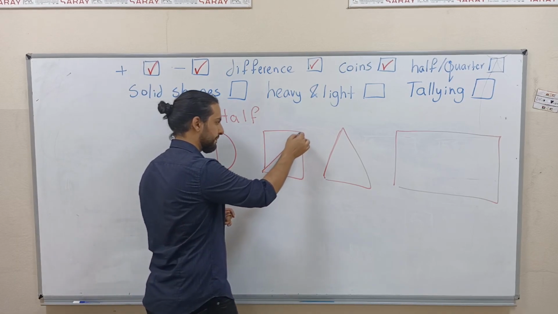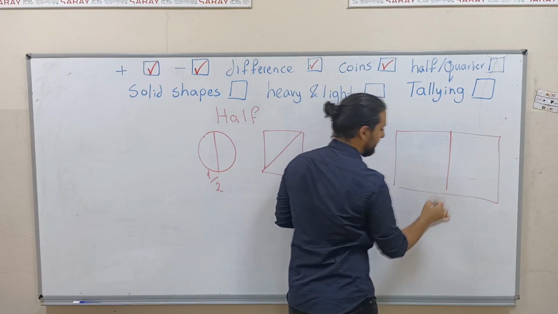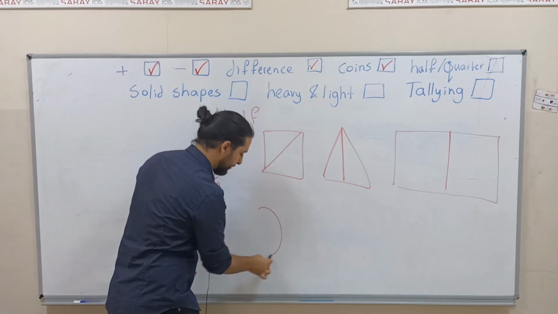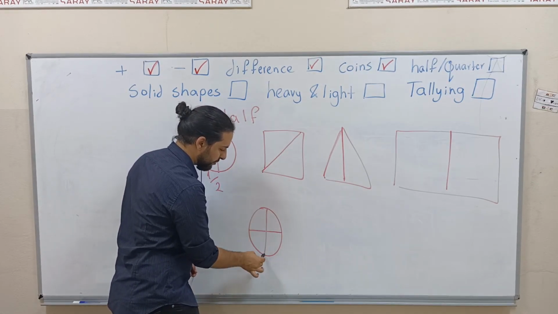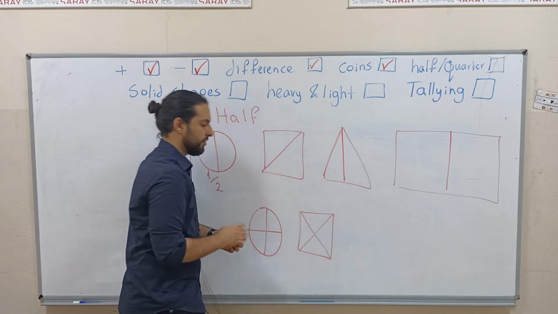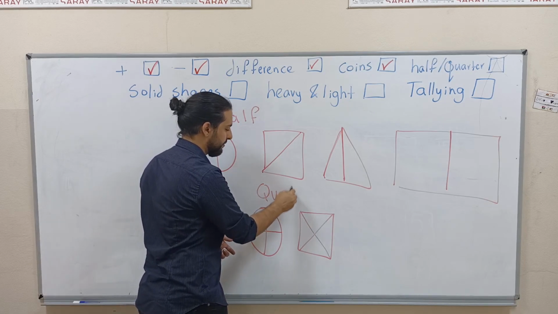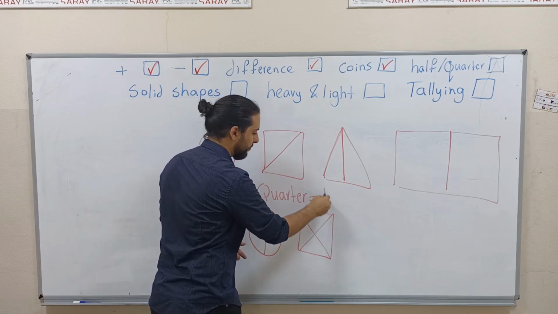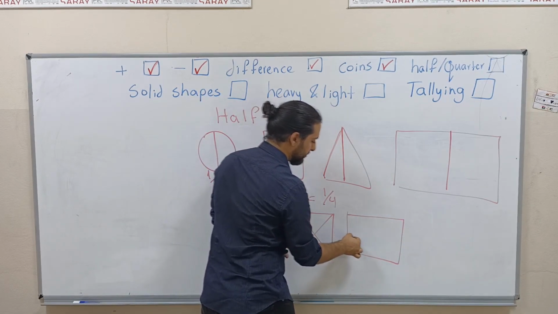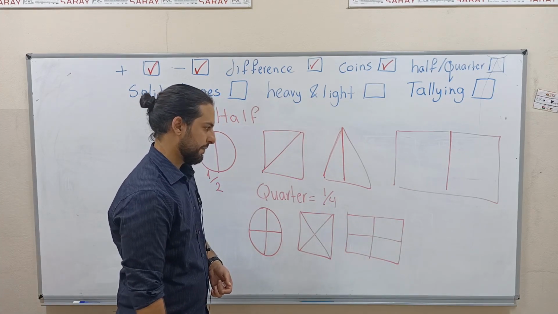So half, and then half, and then half. So they can do them like this, or if it asks for quarter, they can make them as quarter as well. So again, quarter is 4 parts, and it's written like this, or 1/4. And then we have quarter. So we can do any of these things.